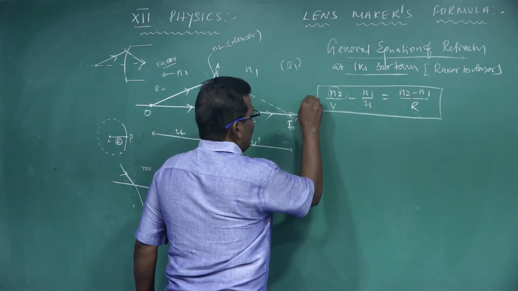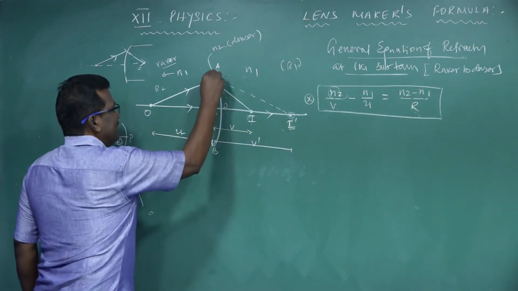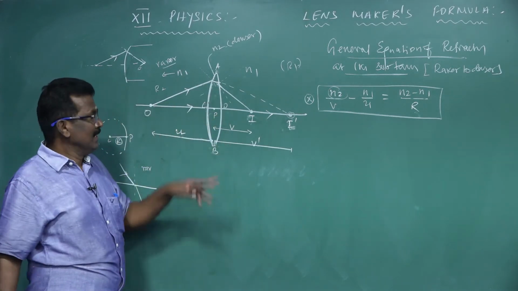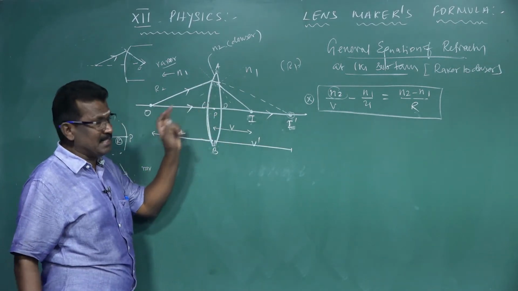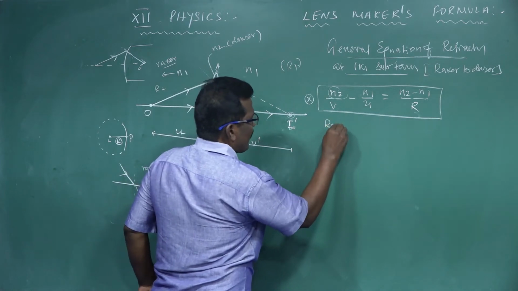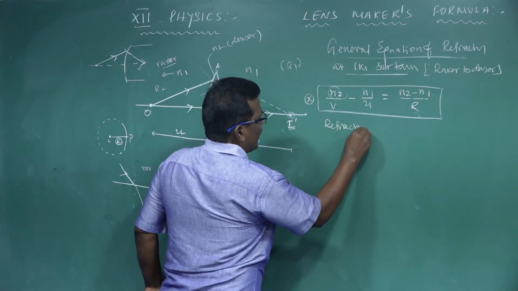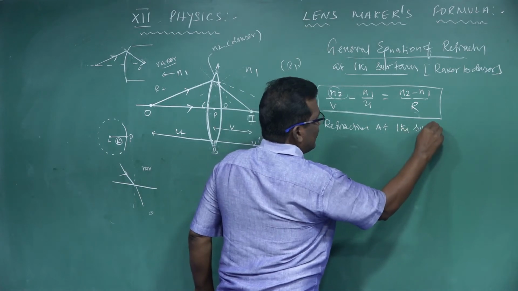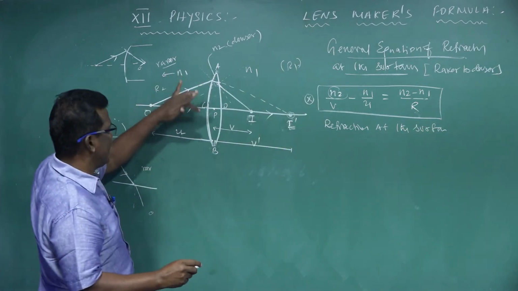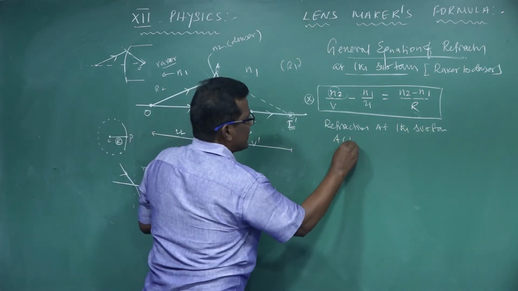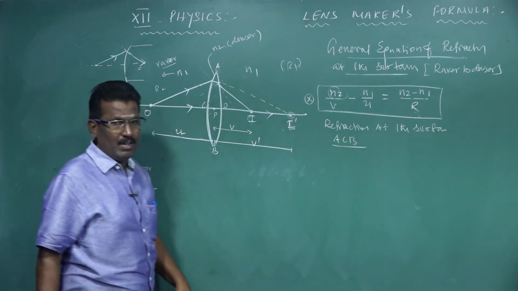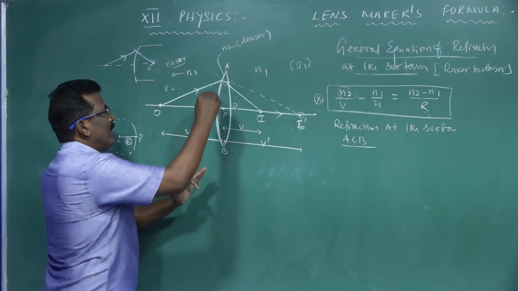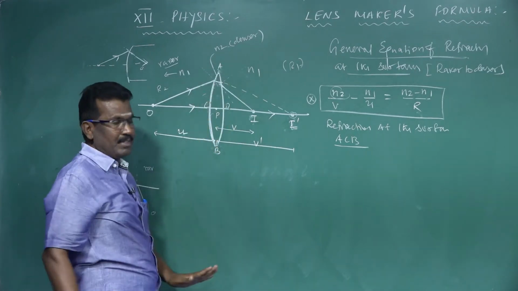Now let us consider this is the first surface. Refraction at the surface ACB. Forget ADB for now, only the surface ACB is there.